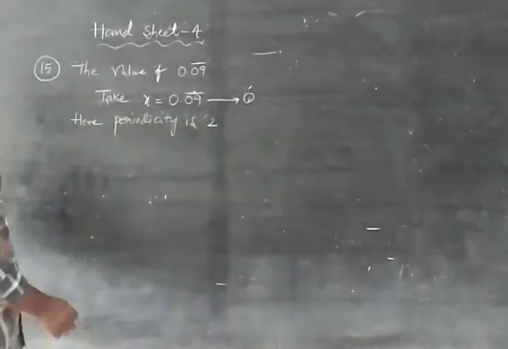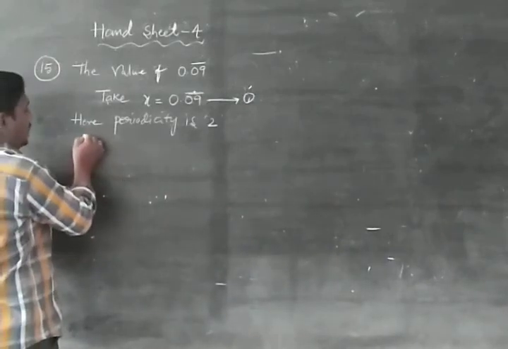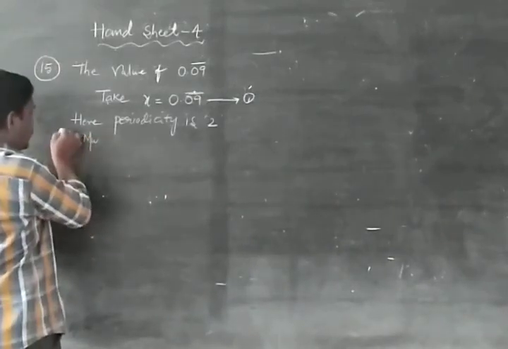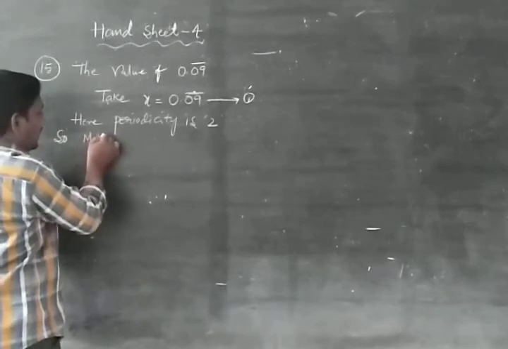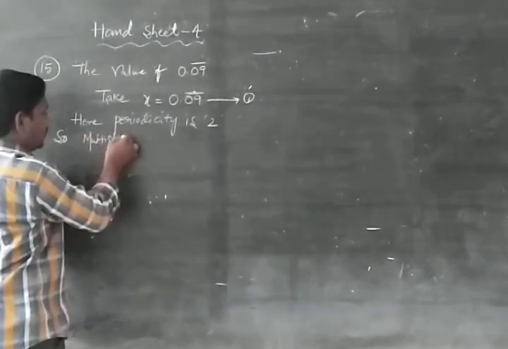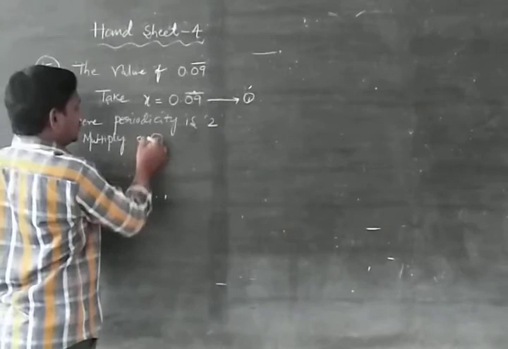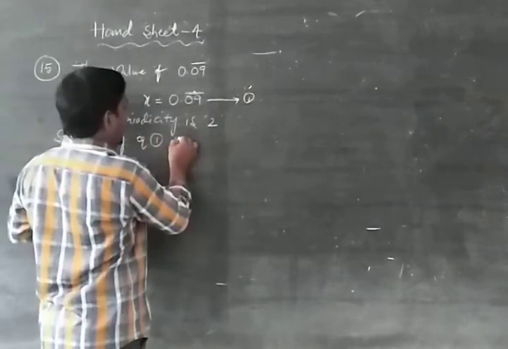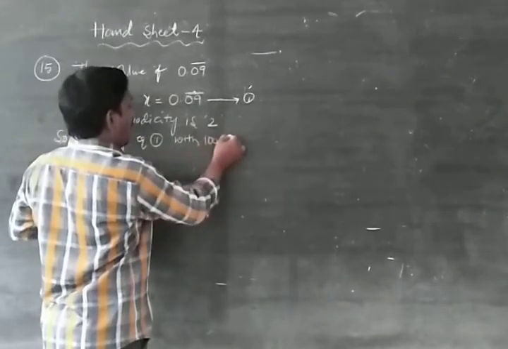So multiply equation 1 with 100 on both sides.